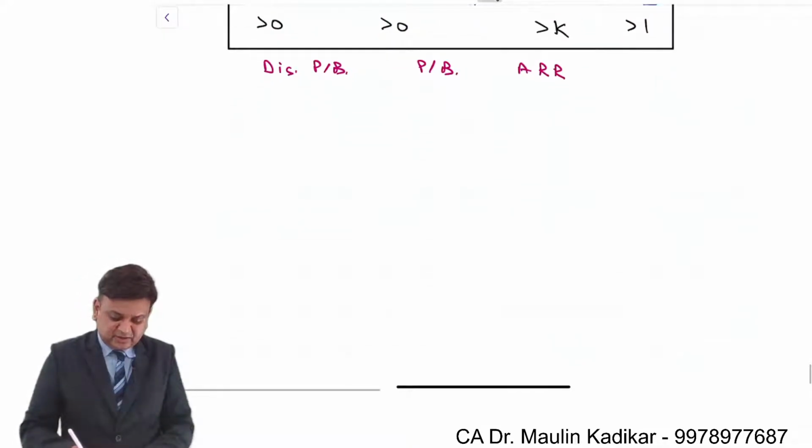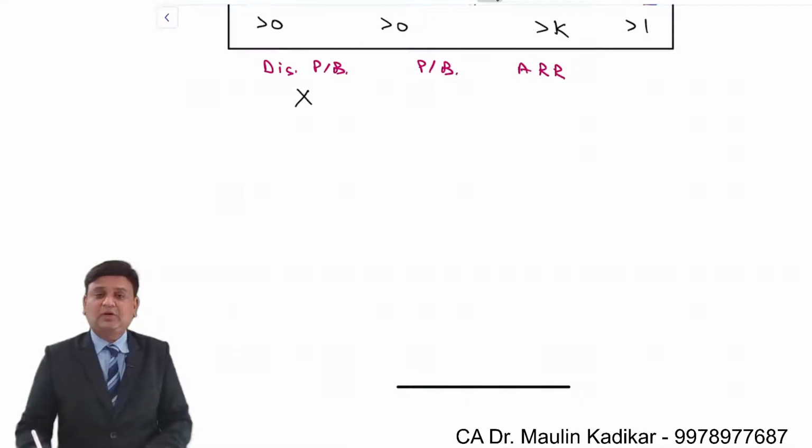Can you adopt the discounted payback period criteria for decision making? The answer is no, because the question does not provide a standard payback period for the purpose of decision making. Can you adopt the payback period criteria? The answer is no, because the question does not provide the information about the time period in which you want to recover the investment from the project.